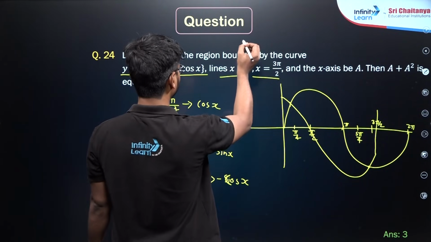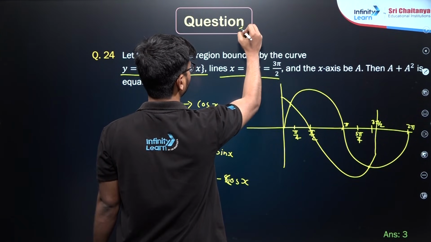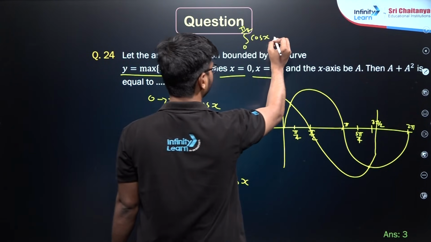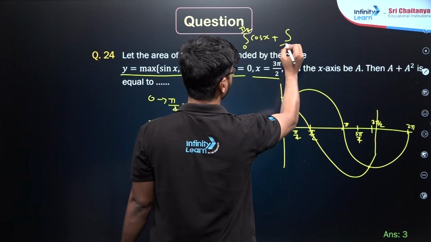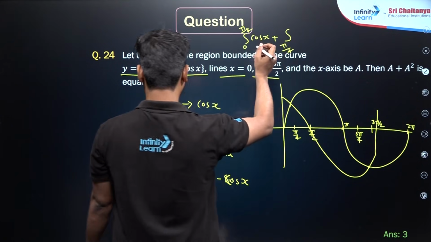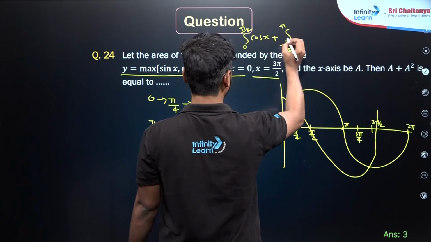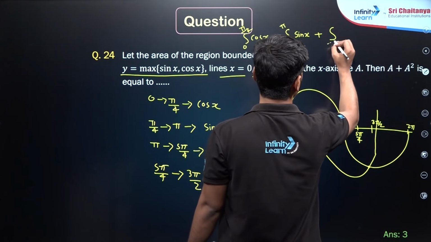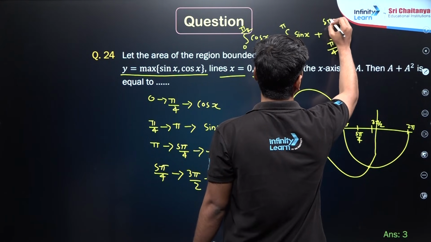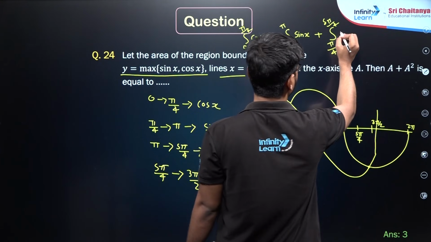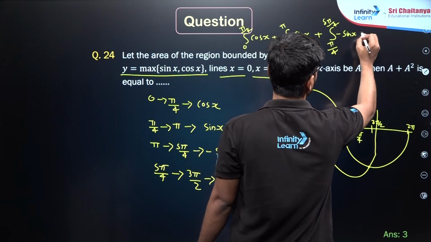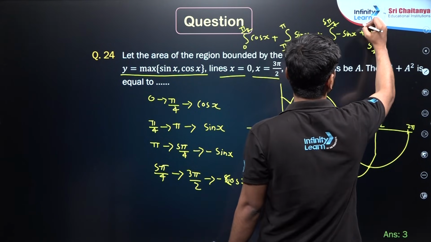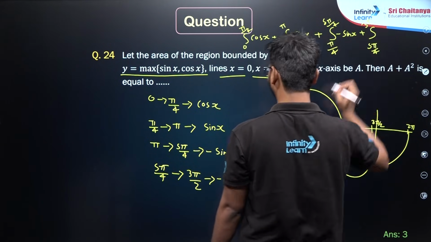So we have to solve the integration, that is 0 to pi by 4 cos x, plus pi by 4 to pi, here it will be sin x, plus pi to 5 pi by 4, it will be minus of sin x, plus 5 pi by 4 to 3 pi by 2, it will be minus of cos x.